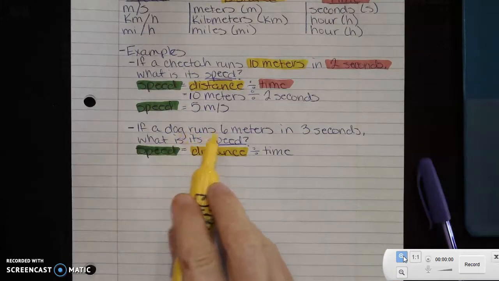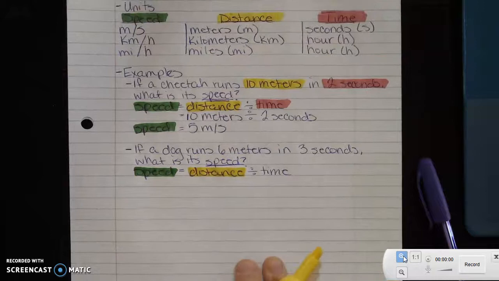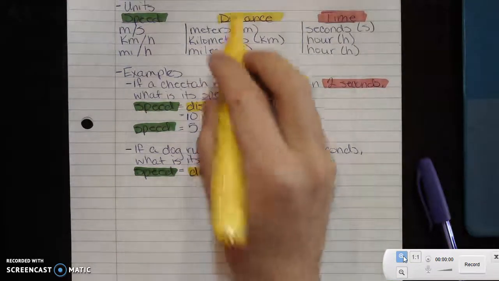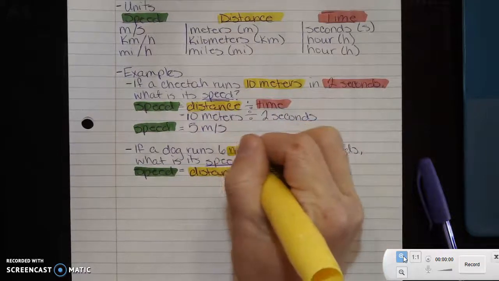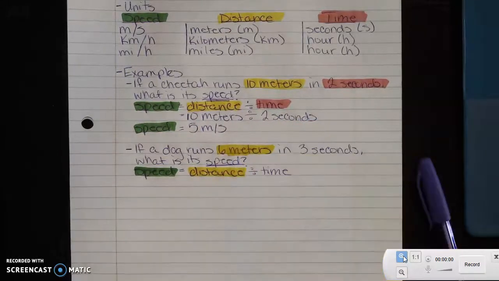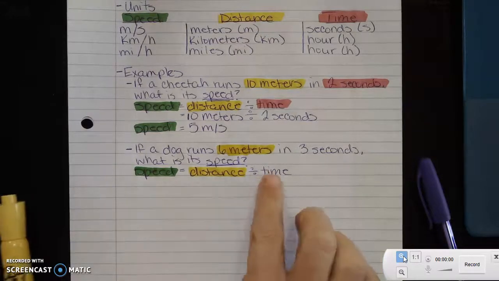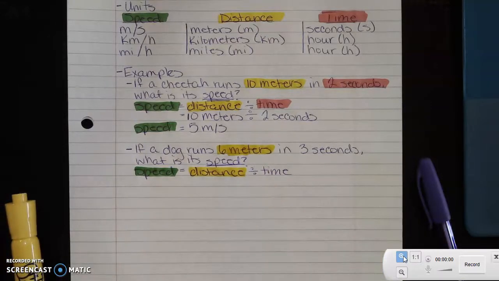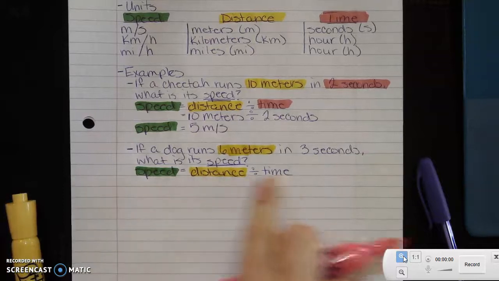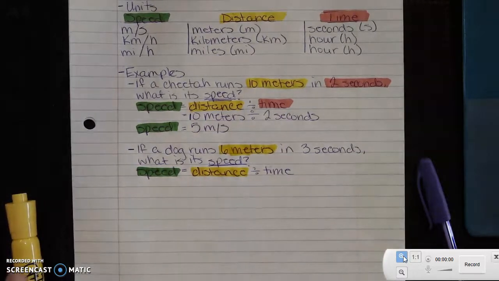If a dog runs 6 meters, again, meters is one of those units that we know is a distance unit. It's in our yellow column. So I'm going to highlight 6 meters in yellow. The next part that we need to be able to match up is time. So I'm just working through the equation, color coding it, and matching it with the problem.